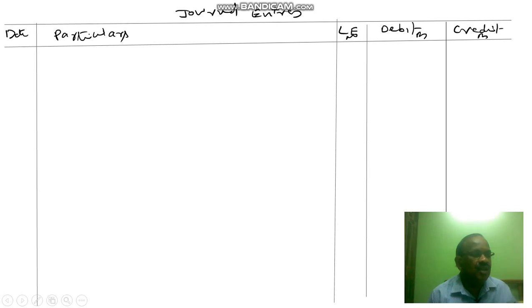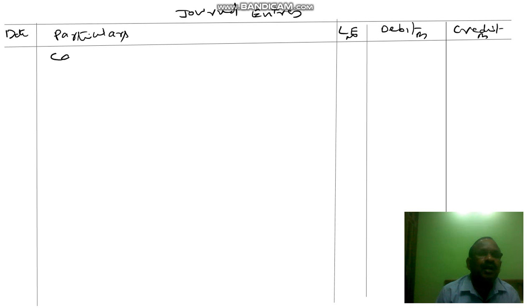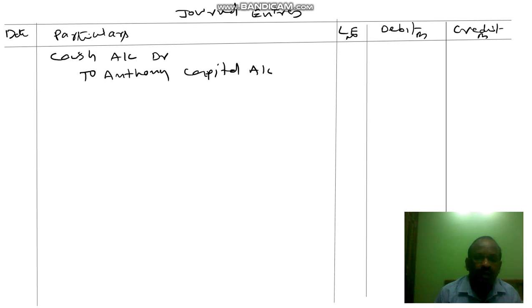Students, first of all, we already explained that when a new partner brings capital, at that time we write the entries. Here the cash account debit to Anthony capital account, the amount is 35,000.